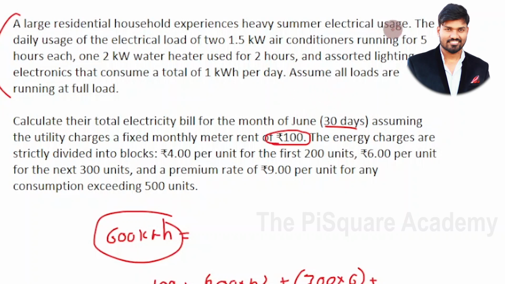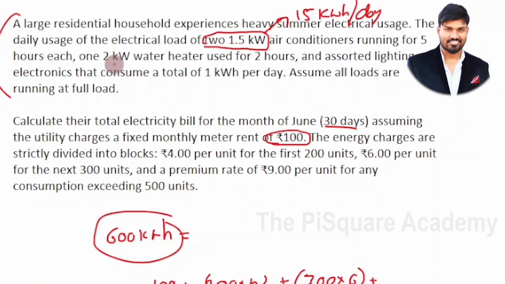A large residential heavy usage: the daily usage is 1.5 kilowatt for 5 hours. How many ACs are there? You have to be careful here. 2 ACs are there. 2 into 1.5 is 3 kW, into 5 hours, so this itself is consuming 15 kilowatt hour per day.